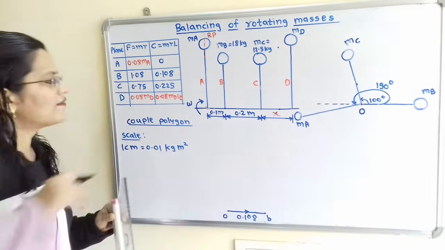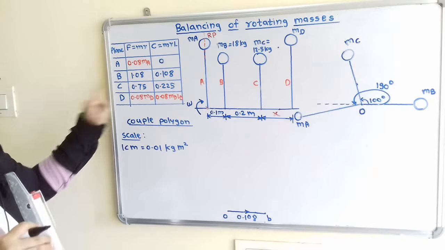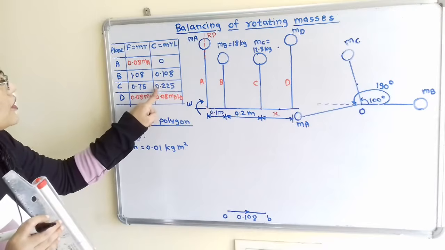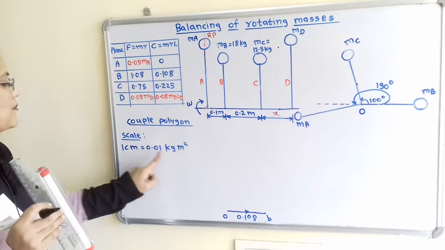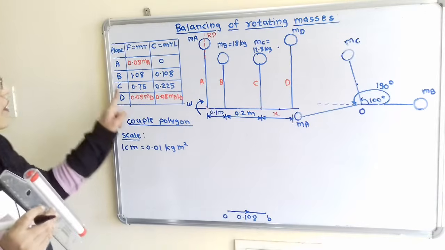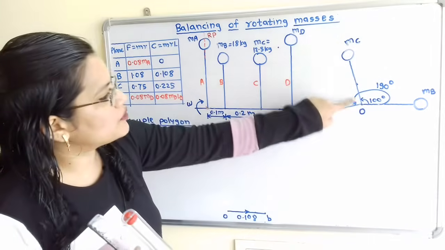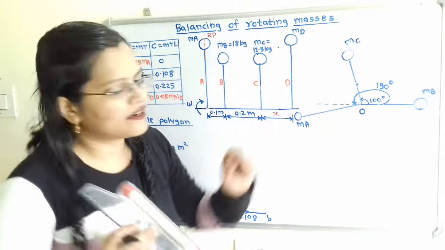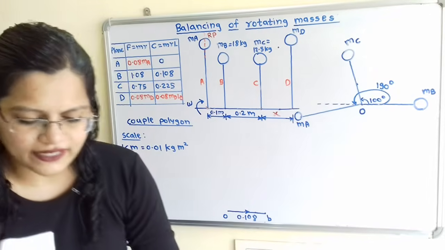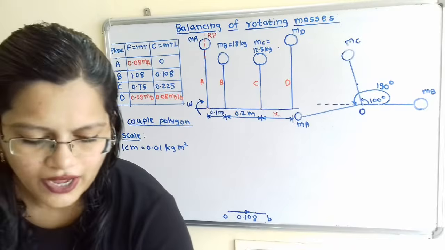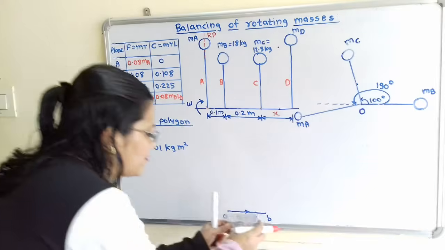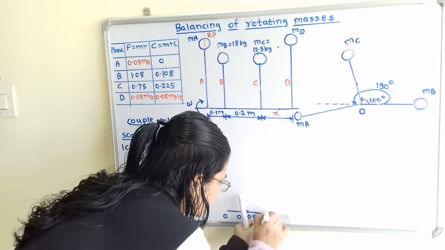After that we will select the next plane C. For this plane C, it's 0.225. So as per this scale, its value is 22.5. Now for this plane C, the angle is 100 degree. So with the help of protractor, how to select this 100 degree? I will show here with the help of red marker. From this point B, draw one construction line.